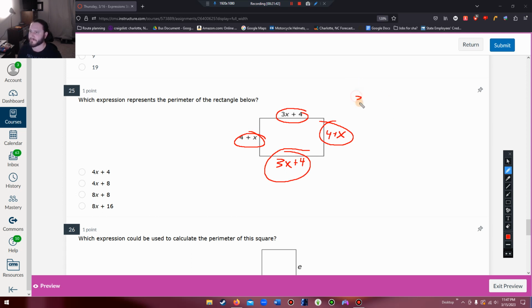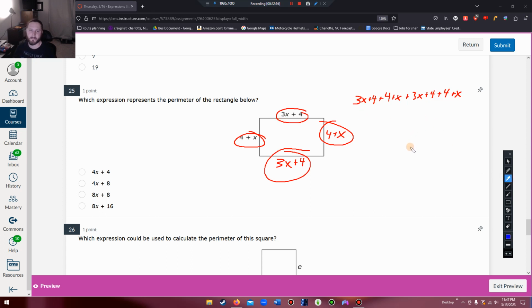We end up having 3x plus 4 plus 4 plus x plus 3x plus 4 plus 4 plus x. All we're doing is adding this piece here, this piece here, this piece here, this piece here. That's all we're doing. And then you might still be thinking, but Mr. Osmer, that looks so hard.